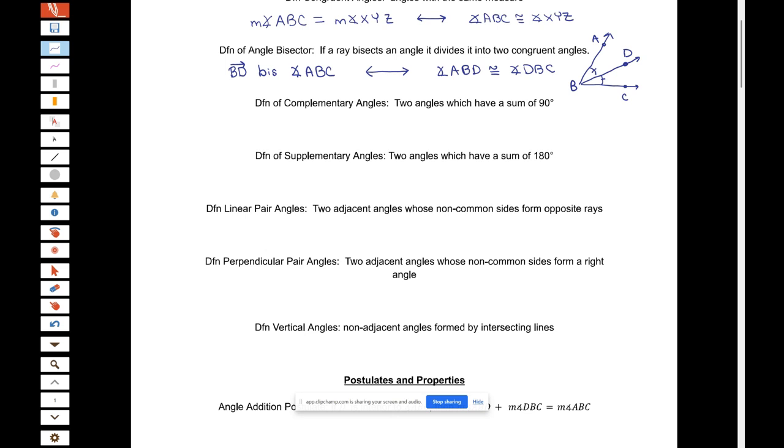Definition of complementary angles, two angles which have a sum of 90. So if I say angle 1 complements angle 2, you can use that to conclude that measure angle 1 plus measure angle 2 is equal to 90.